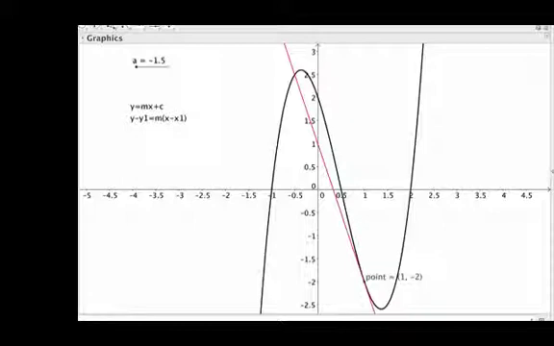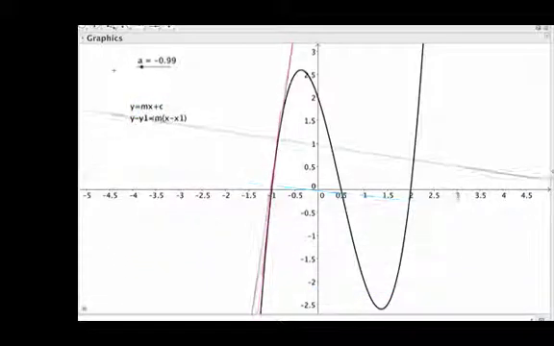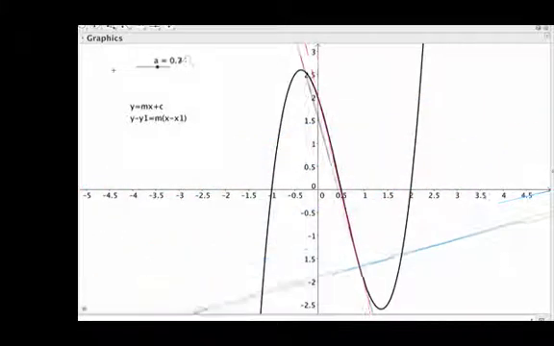Okay, so as well as finding the tangent at the point, you could find the normal at the point, just using the same formula as you used for the tangent, but this time with a different value for m, the gradient. So, using calculus and your knowledge of tangents and normals, you can find the equations of the tangent and the normal at any point on the curve. And here they go. The tangent in red, the normal in blue.